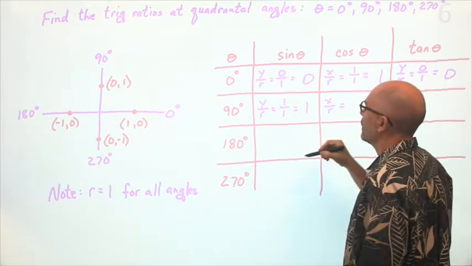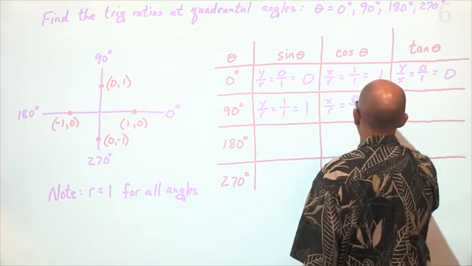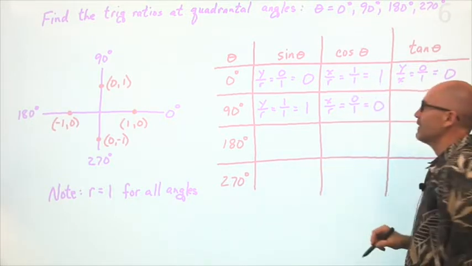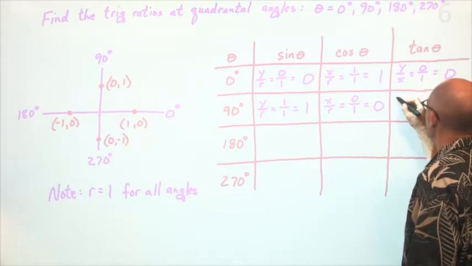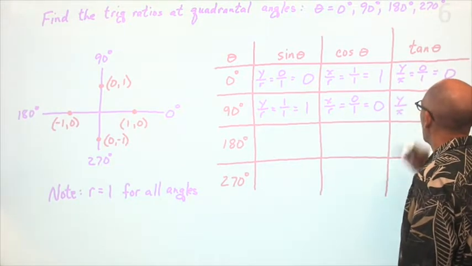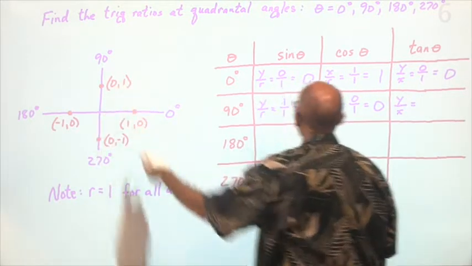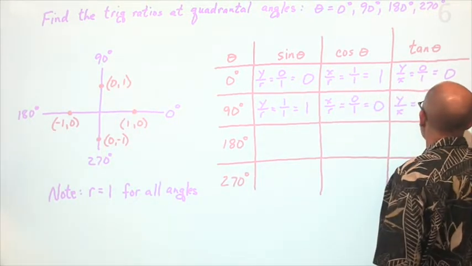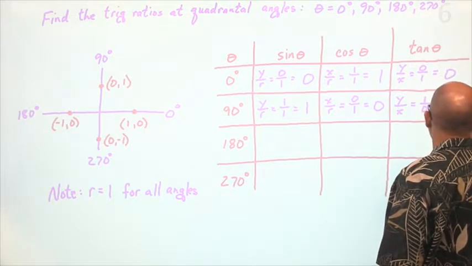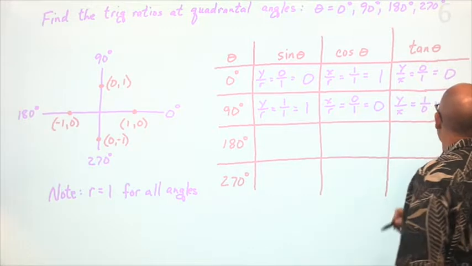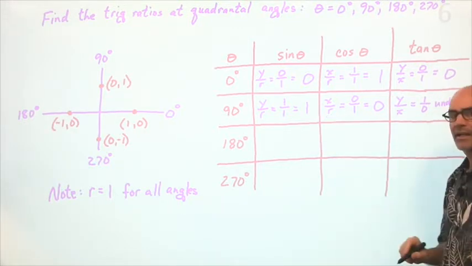The x value at 90 degrees is 0, so cosine of 90 degrees is 0. Then tangent of 90 degrees, y over x, which is 1 over 0, that is undefined. So tangent of 90 degrees is undefined.